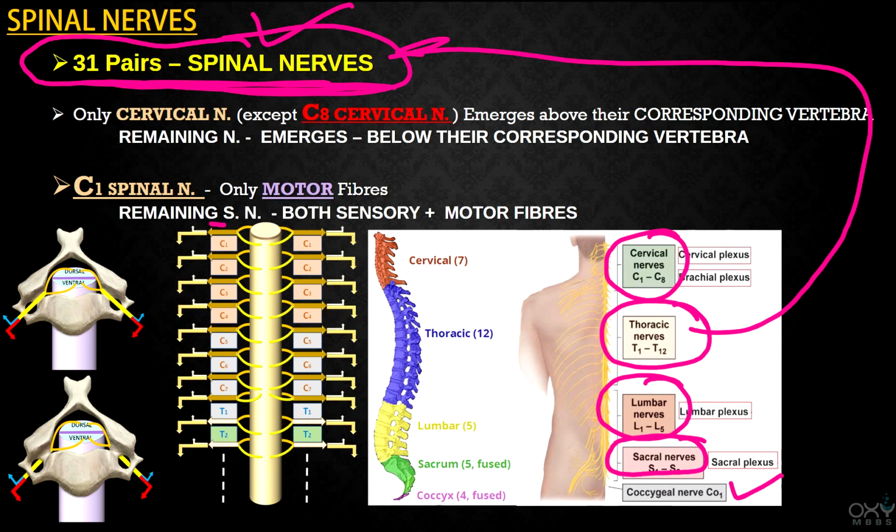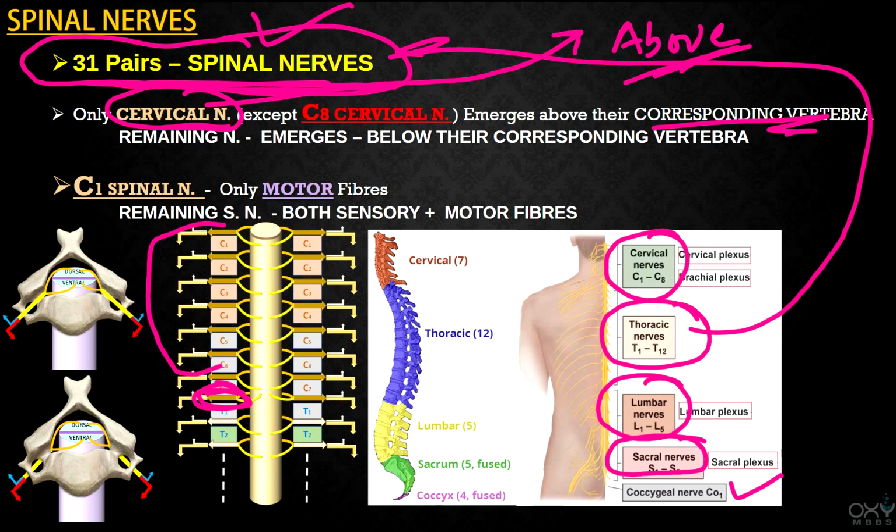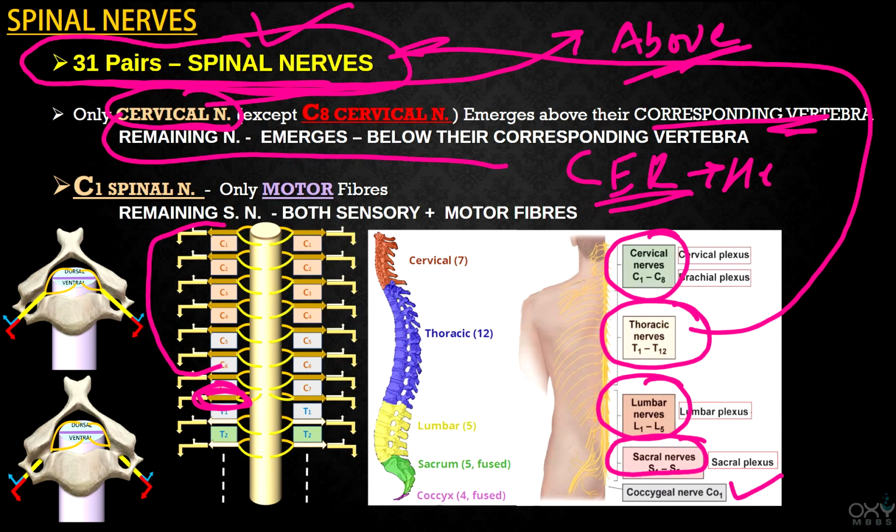Now as you know, only the cervical nerves except C8, it means except the 8th cervical nerve, all cervical nerves emerge above their corresponding vertebra. Now friends, how will you remember that cervical nerves emerge above their corresponding vertebra? It is very simple. As the name suggests, cervical sounds like 'sir', and 'sir' means head region, and the head is always on the top, that is above.